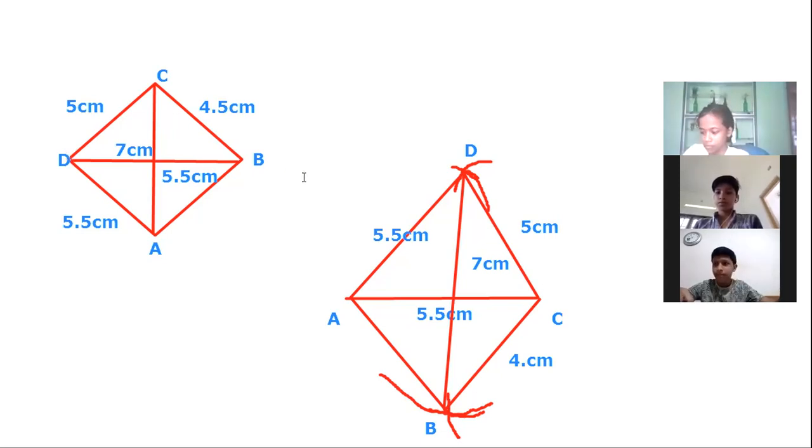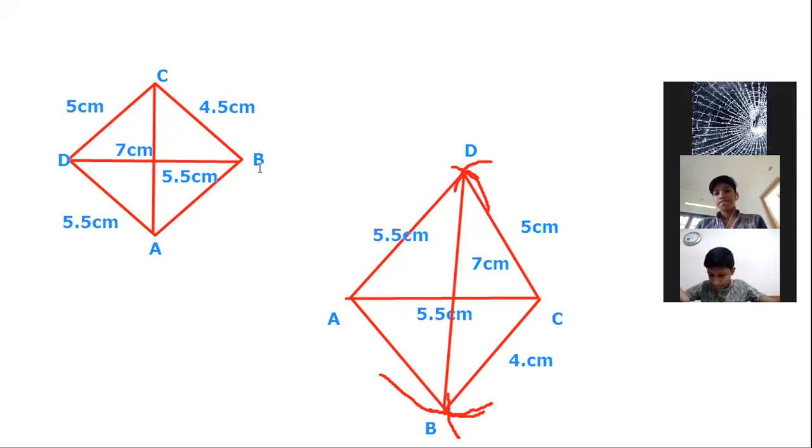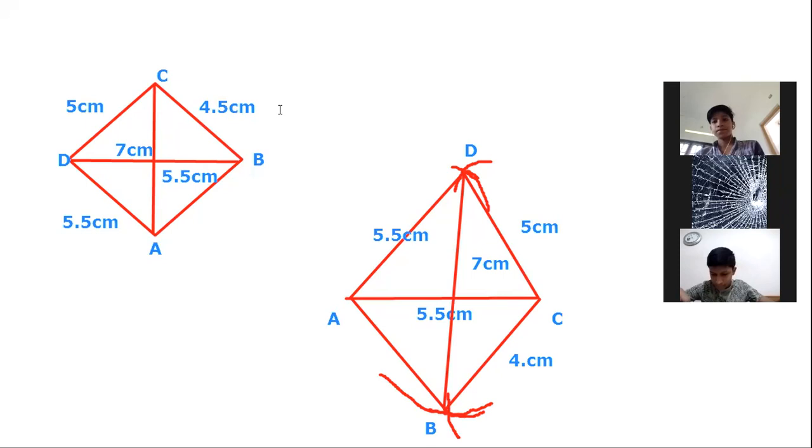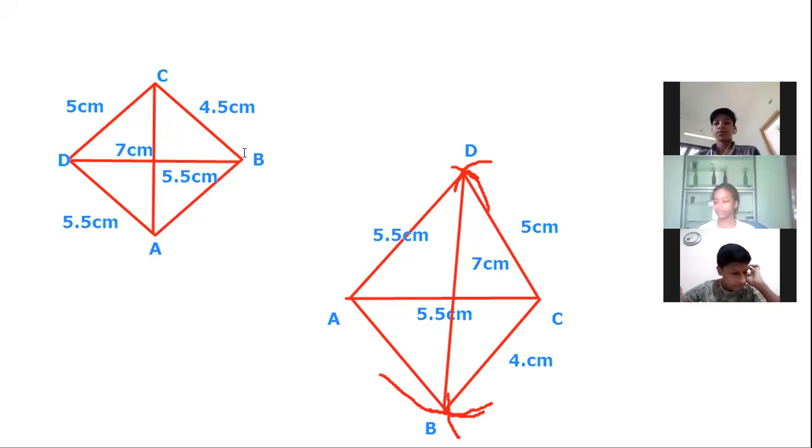Here, the second diagonal was BD, 7 centimeter, and we started with the vertex D. Then the third side is given, the length of BC, which is 4.5 centimeter, and we start with the vertex C. We choose 4.5 centimeter in the compass and draw an arc, and the point of intersection will be our vertex B. After finding the 4 vertices, we can join them, and that would be our required quadrilateral.